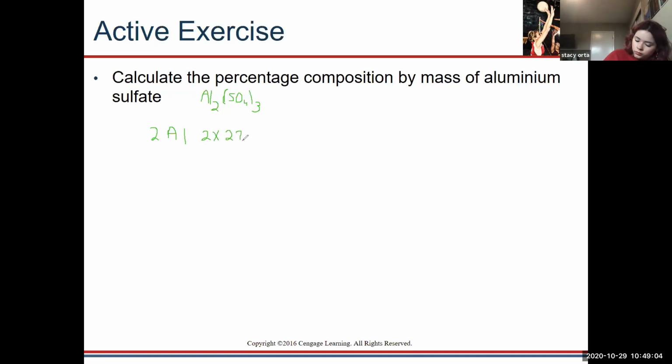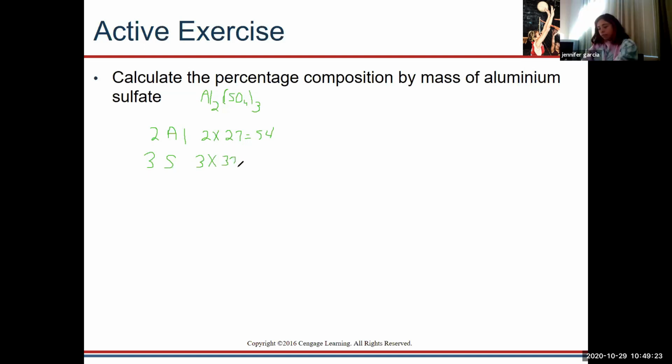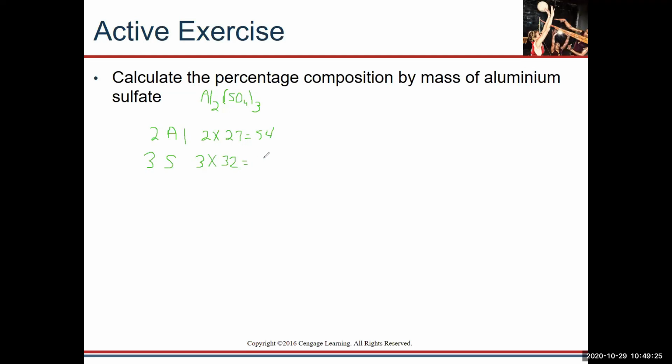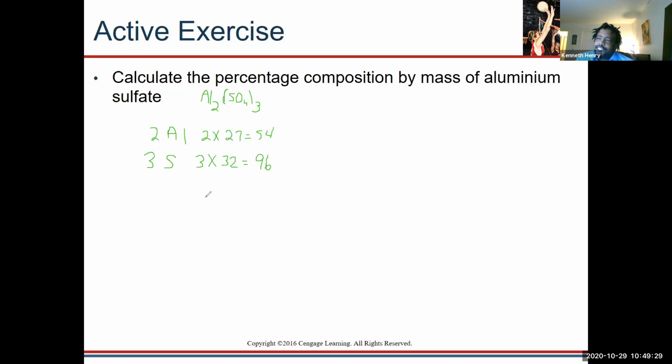So that's 54. How many sulfurs do I have? 3. And that weighs 32. So it's 96 for 3 of them. Yes.